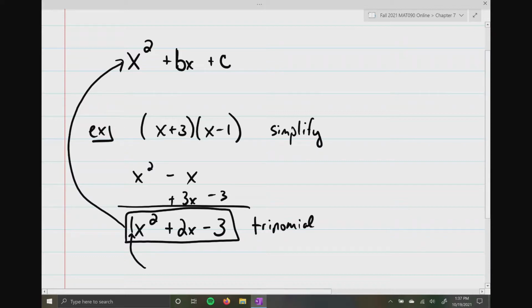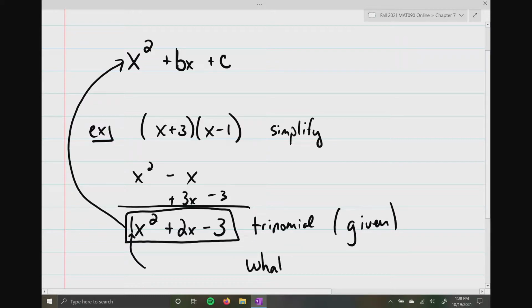So if I'm giving you x squared plus 2x minus 3, my question is going to be, what were the two polynomials that you multiplied to get this?